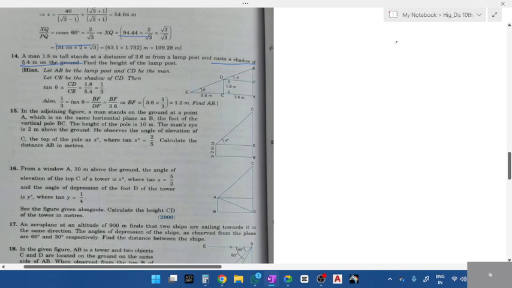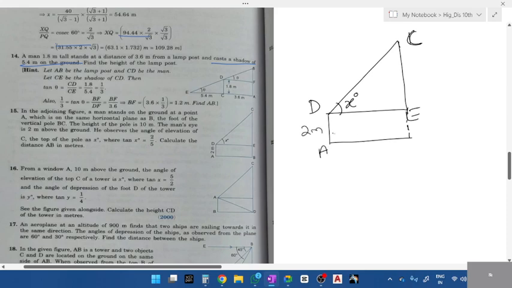Yes, 15th question. See, the right angle is given. Read the question and tell me which one is the man here, which two alphabets you have to consider. Tell me, students, two things you'll have to find, the man and the vertical pole.